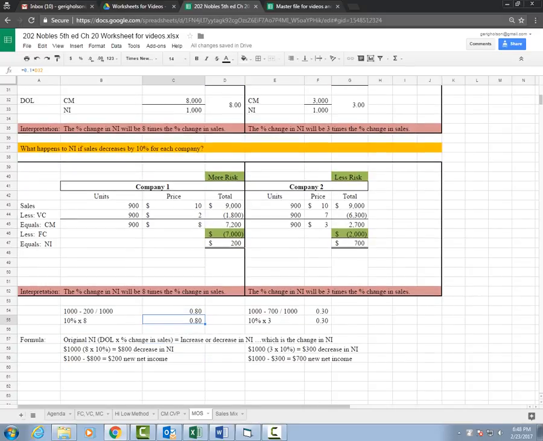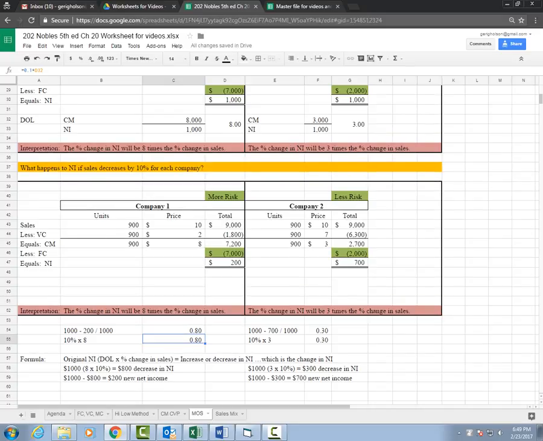So the original net income, $1,000, times the DOL times the percent change in sales gives 80%. So 1,000 times 80% is how much my net income will increase or decrease.